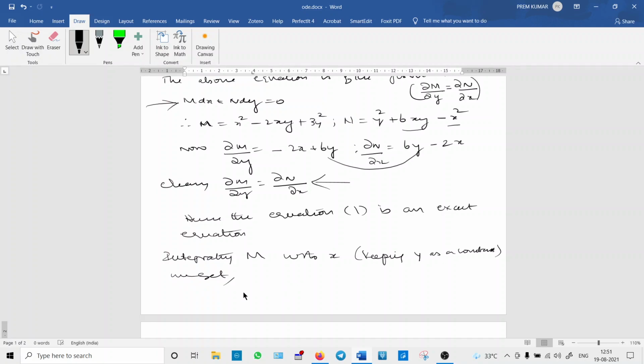So we have to integrate M with respect to x, keeping y as a constant. So what happens? We integrate x square minus 2xy plus 3y square with respect to x, keeping y as a constant.